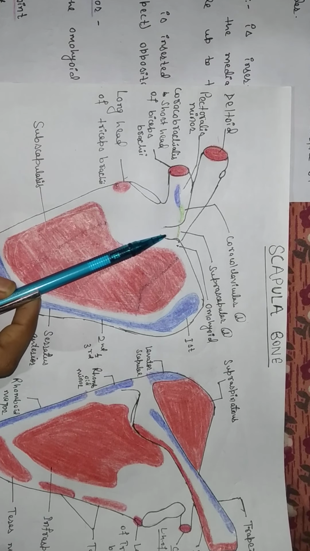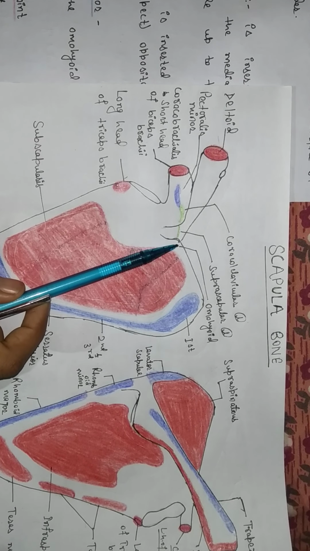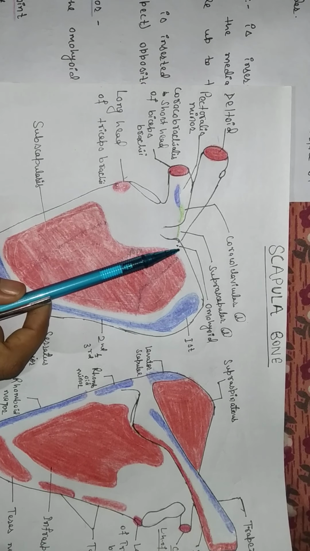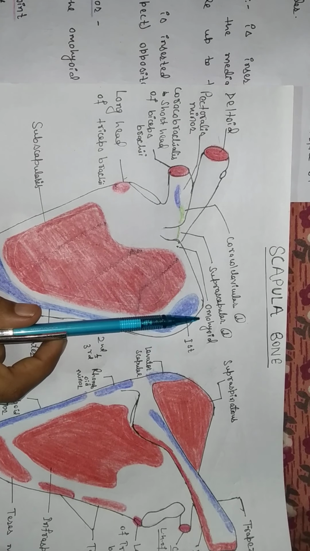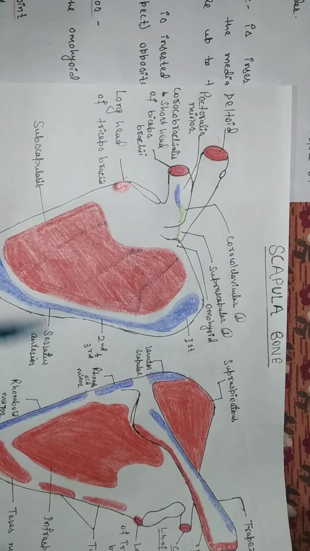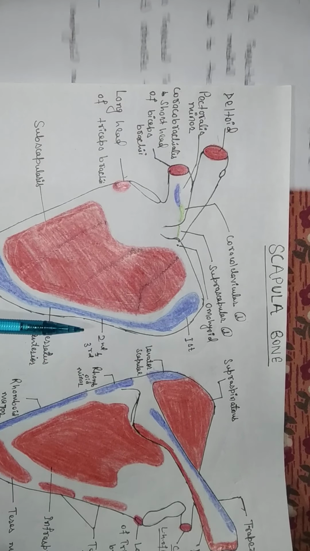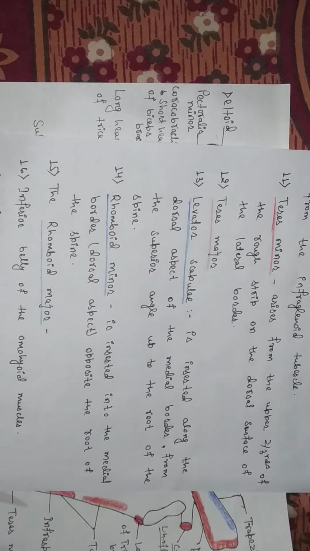This is the suprascapular notch, and here the omohyoid muscle arises. So there are a total of 16 muscles; some arise from and some are inserted into the scapula.